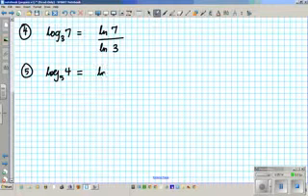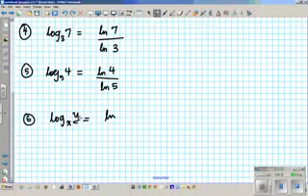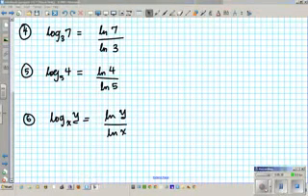This one is going to be the natural logarithm of 4, the number goes on the top and the base goes on the bottom, ln 5. How about a general rule? Let's formulate an expression for a general rule. Log base x of y is simply the natural logarithm of the number, in this case y, divided by the natural logarithm of x. So there you have it.